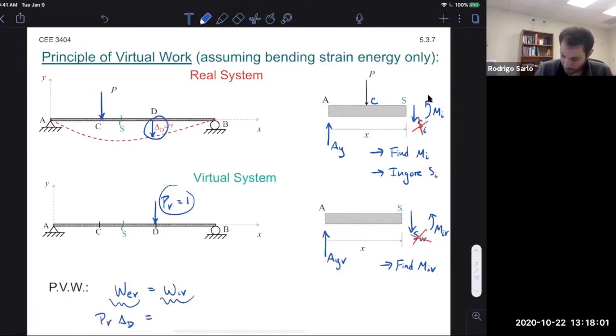And our internal work is being done by the virtual moment over whatever the real deformations are in this beam, right? So whatever that rotation is. So I should define that here, right? So this is my d theta, okay?